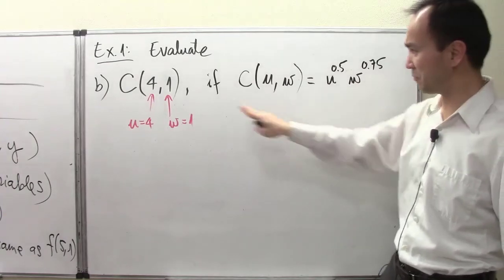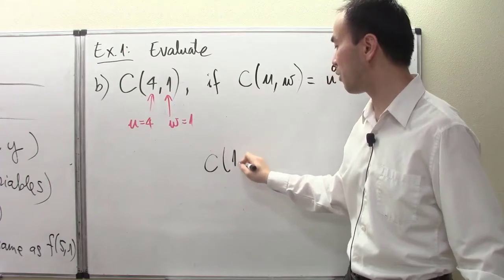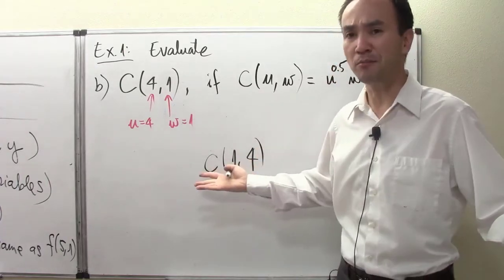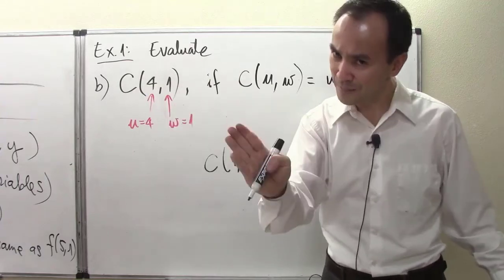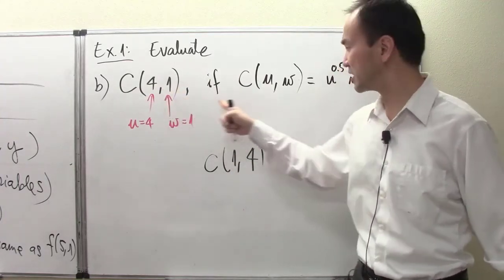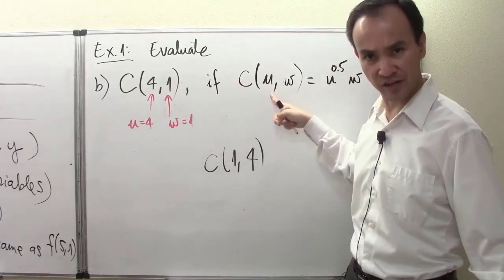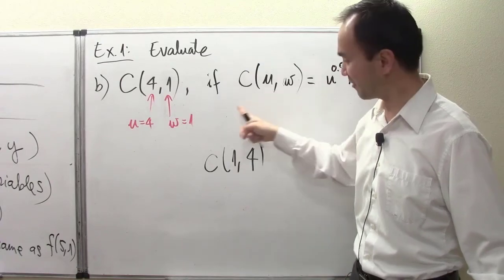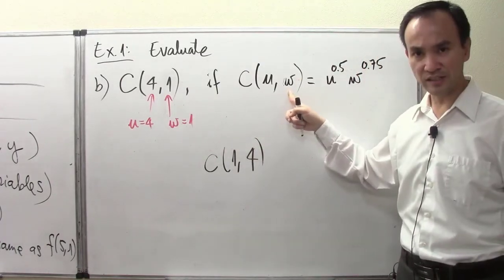There's a huge difference between c of 4, 1 and c of 1, 4. As far as two numbers, 1 and 4 makes no difference from 4 and 1, but now it's an ordered pair. So whoever comes first in a pair corresponds to u, according to the definition that was given previously, and who comes after the comma corresponds to the second variable.